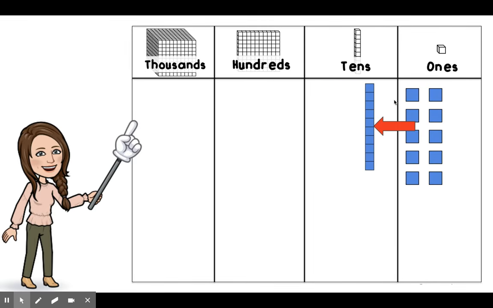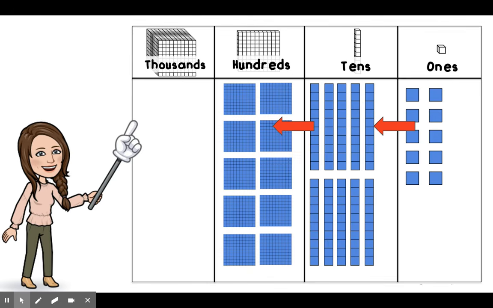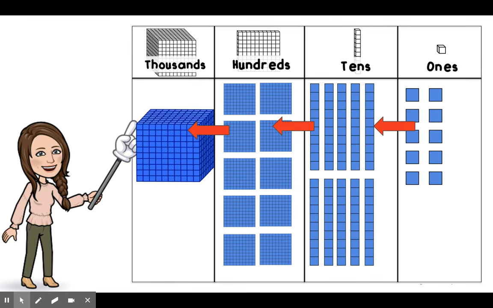When we get 10 tens, then we can make one of the next unit, which is, that's right, hundreds. When we have 10 hundreds, we can make one of the next unit, which is, you got it, thousands.